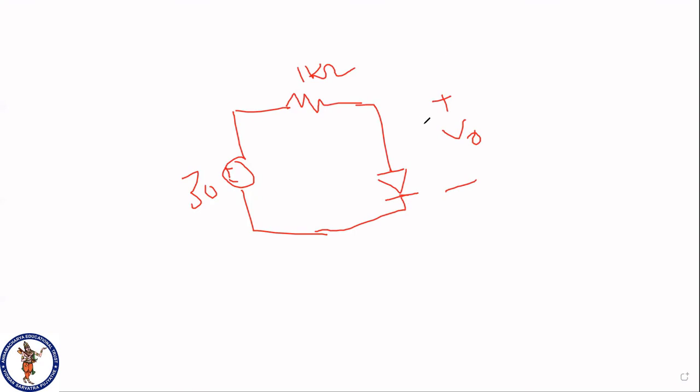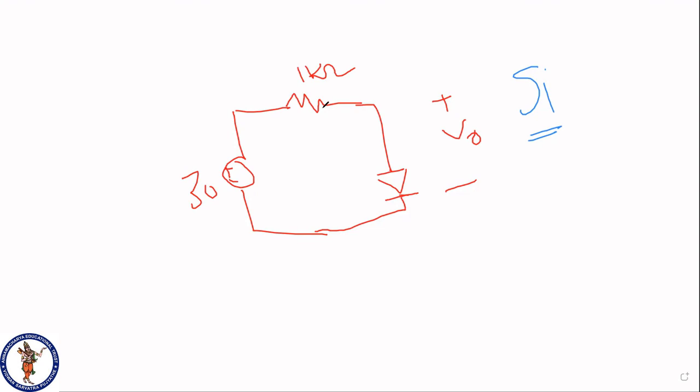This is a very simple question, and in the question they have mentioned that it is silicon. A silicon semiconductor is used to manufacture the device. Guys, 30 volts is applied.